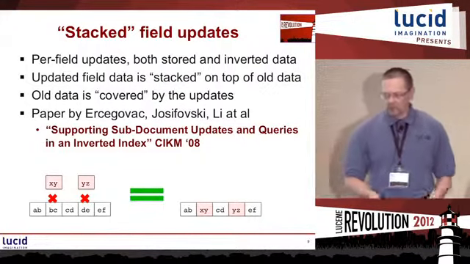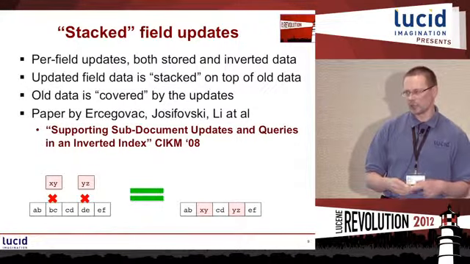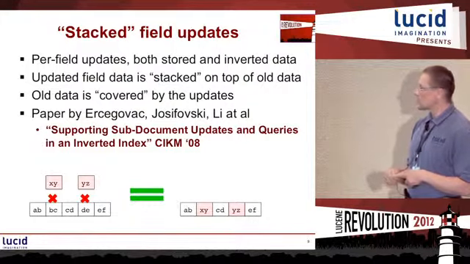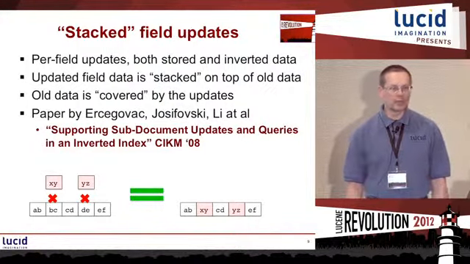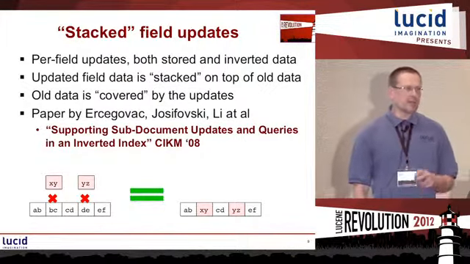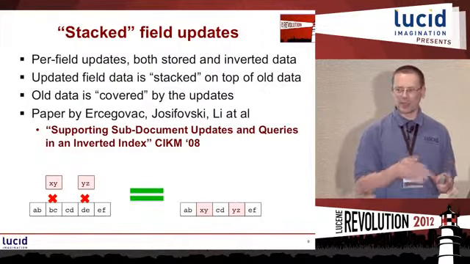So surprisingly, there has been very little research on addressing field-level updates or sub-document updates, as they are called, in the literature. The most recent paper on this was from 2008. It was a team at IBM that came up with this design and an implementation. The details of their design were sufficiently different from the design of Lucene that it was not directly applicable.